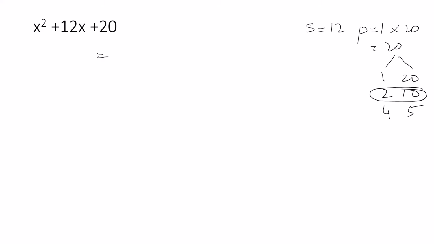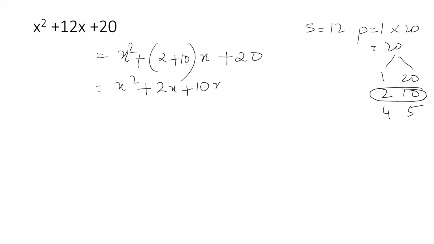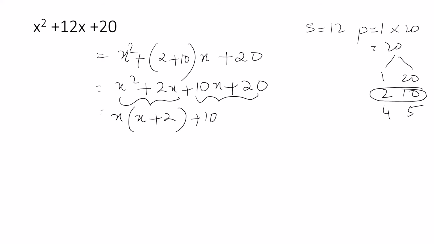Because x square plus, instead of 12, I can write 2 plus 10 into x plus 20. Now open the bracket: x square plus 2 into x plus 10 into x plus 20. From the first two terms x is common, so inside the bracket will be x plus 2. From the next two terms we can take 10 outside, so again you will get x plus 2.